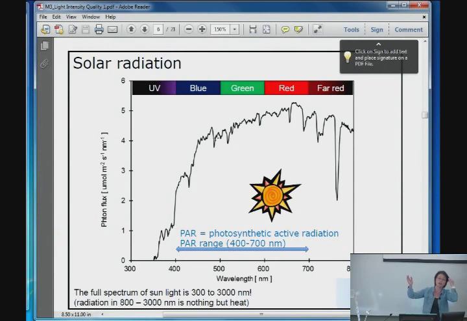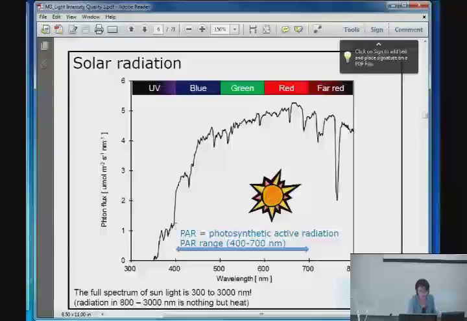So sunlight is a collection of different photons having different wavelengths, right? And for photosynthesis, plants use light from the 400 to 700 range. So to find how many photons are available, you need to integrate over 400 to 700.